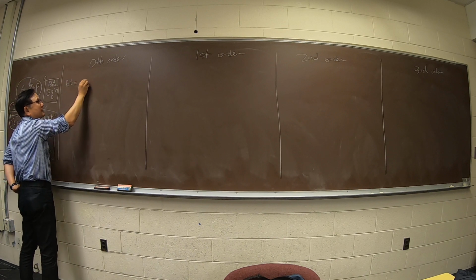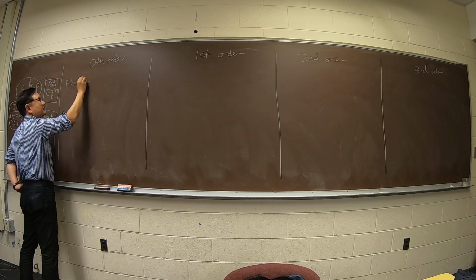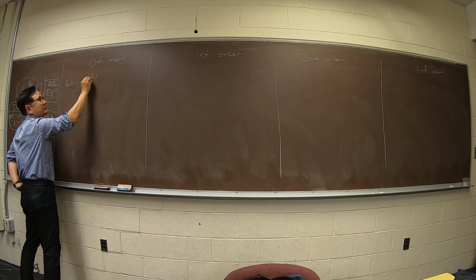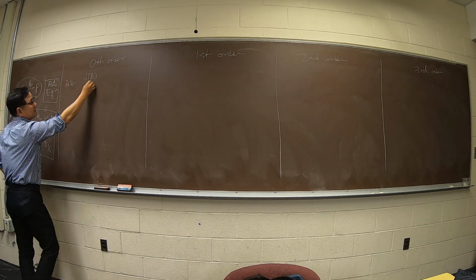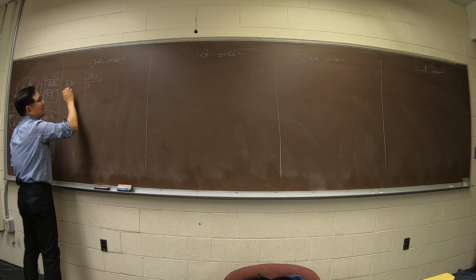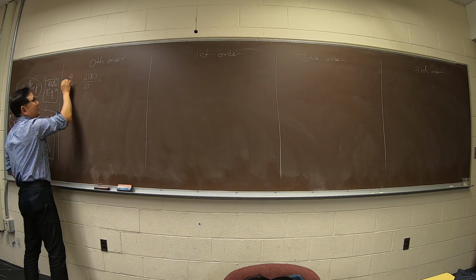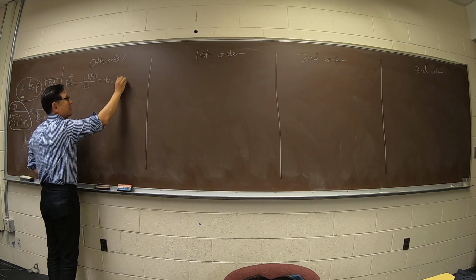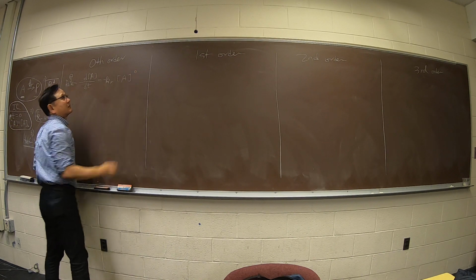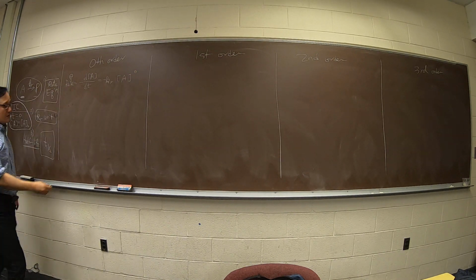is minus dA/dt, because A is a consumed substance, so that's a reactant. I need a negative sign, and the rate, which is supposed to be positive, will be KR times concentration to the power of 0, right? Which means nothing.